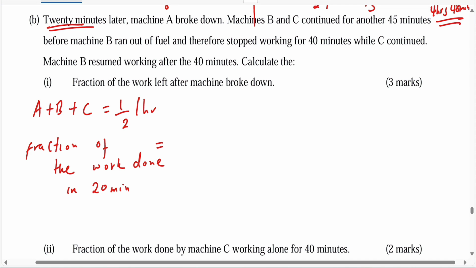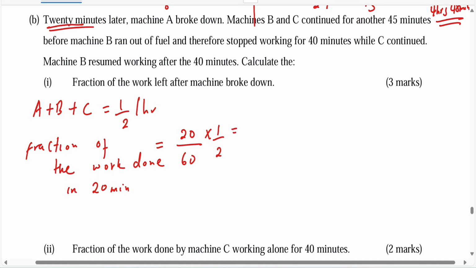So fraction of the work done in 20 minutes, you just take 20 over 60 times half. Or you ask yourself, if 1 hour gives you a half, what about 20 over 60? Basically just take 20 over 60 multiplied by the rate, which is a half.